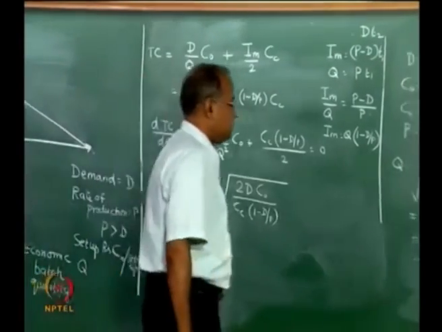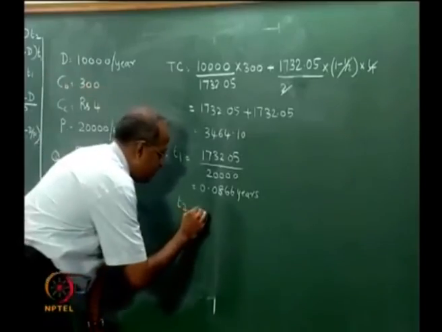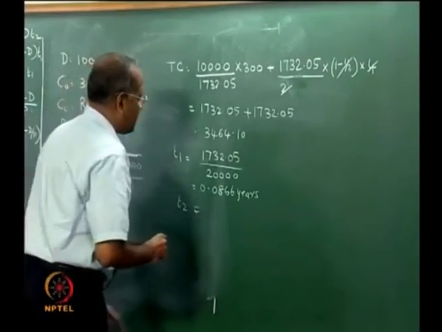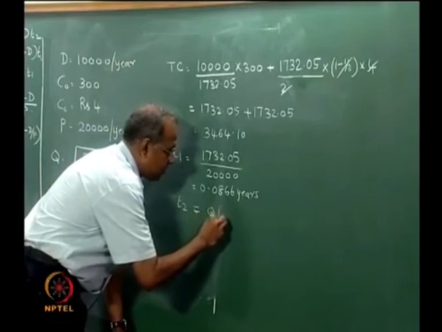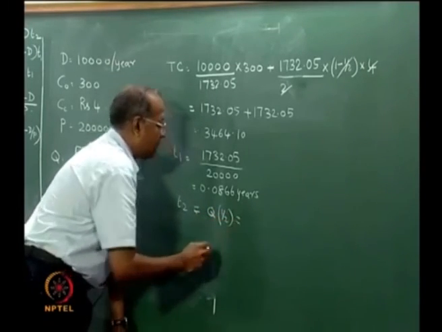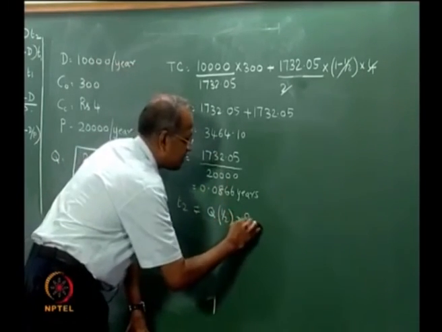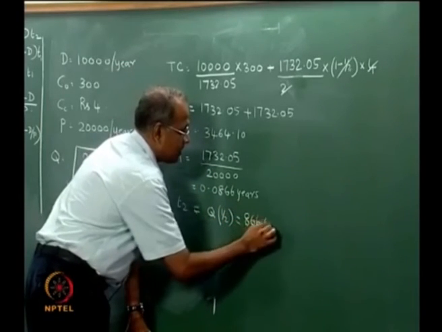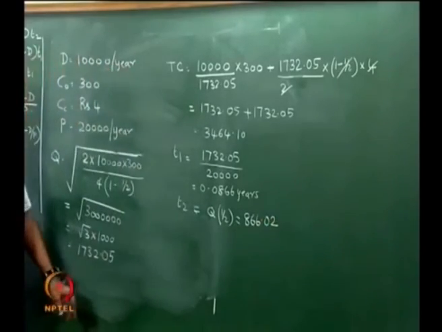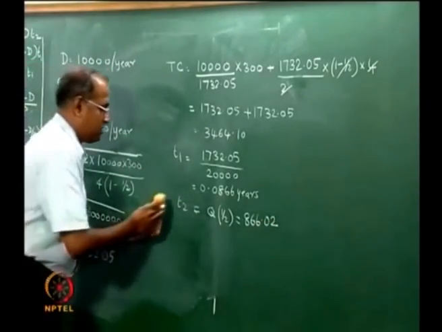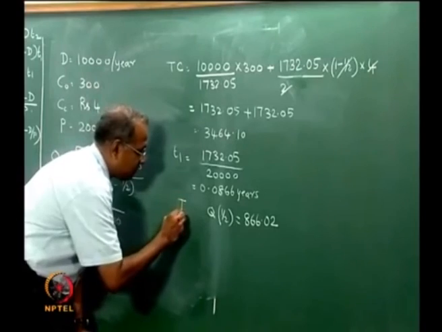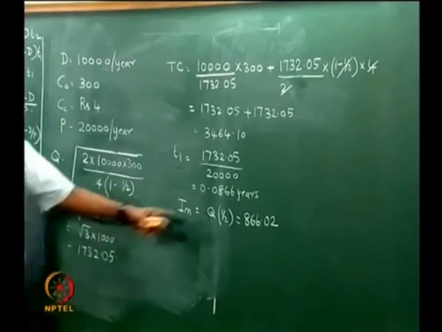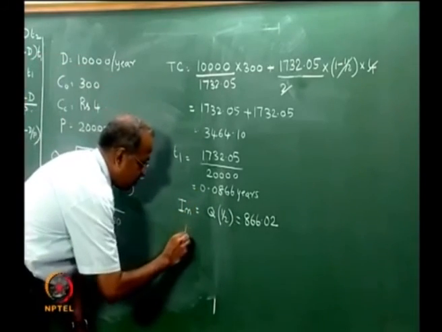Now, in order to calculate T2, we first need to find out Im. So, Im is equal to Q into (1 minus D by P), so Q into half. So, Im is 866.02.